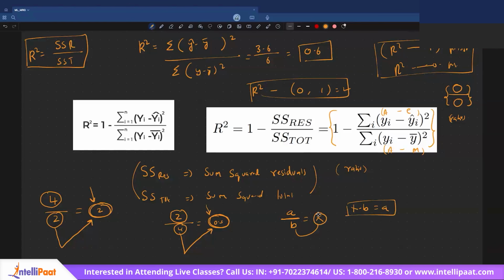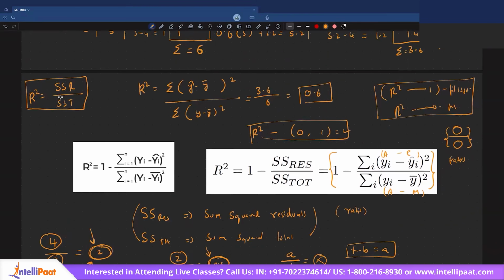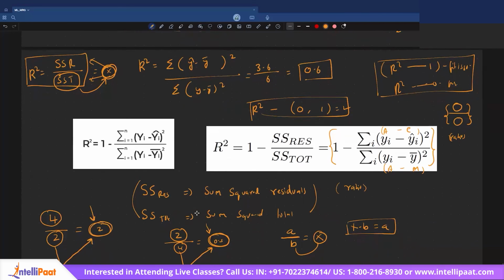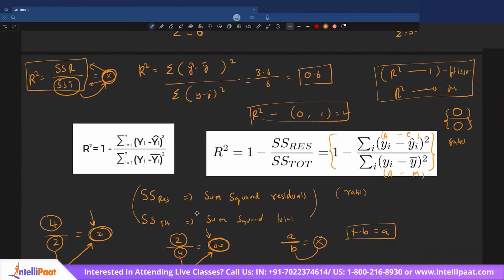Equal portions with the value at the bottom, meaning sum of squared total, right? You will get some answer called X that has a relationship with this number. This X number represents the equality within this particular division. Meaning, whenever your r square is closer to 1, what does that represent with numerator and denominator?